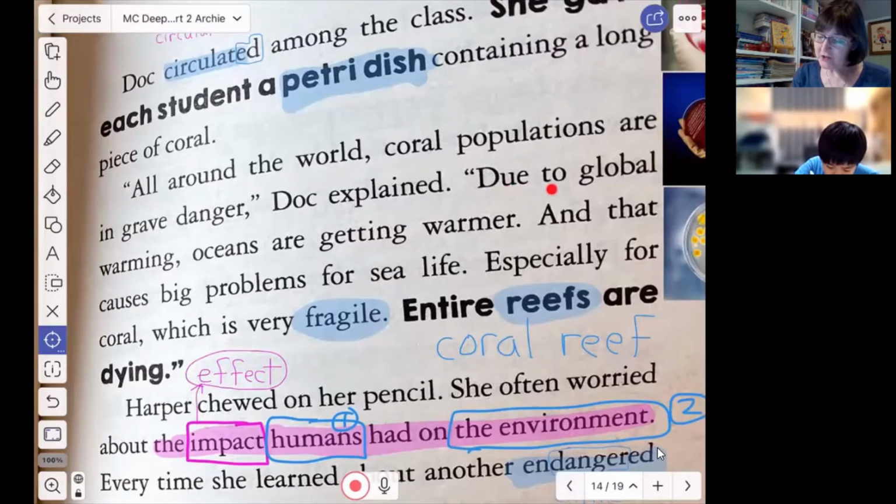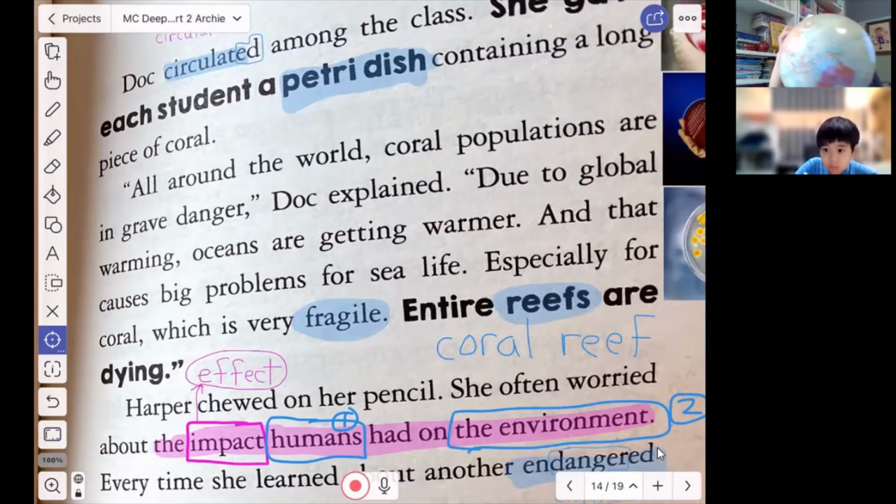She says, due to global warming, oceans are getting warmer. So global warming, global means the whole globe, okay, the whole world. I'll show you my globe. Here it is. This is my globe.